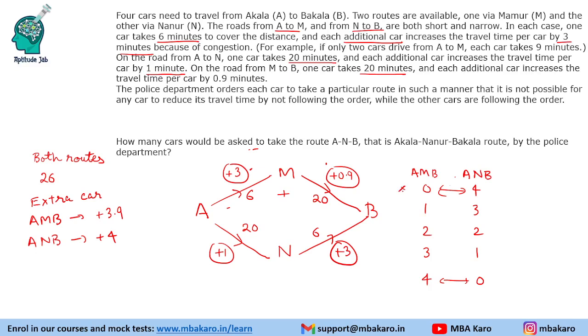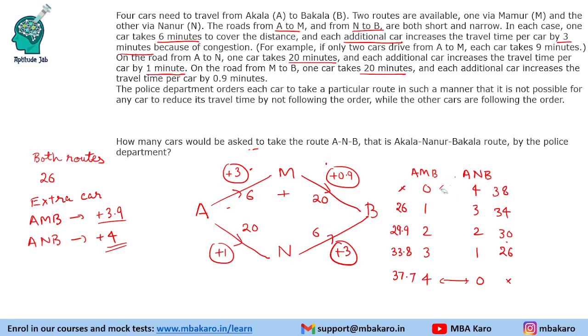Now here it is 26 minutes and 26 minutes. Now in ANB, it increases by 3.9 minutes. So that will be 29.9. Then we have 33.8 and 37.7 minutes. And here the time increases by 4 minutes. So 26, 30, 34 and 38.